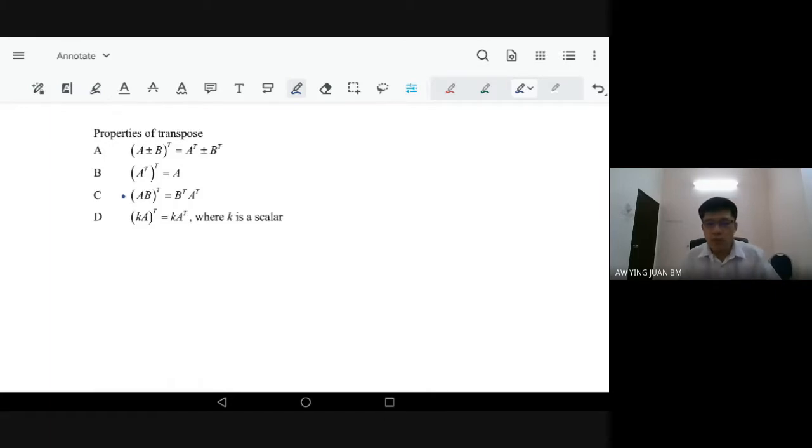Do remember, you have to know the basics of how to multiply 2 matrices. After that, we go through some example applications for the types of matrices and also the operations. Objective number 4 is the transpose of a matrix A. So that is the objective for the first session. Thank you.